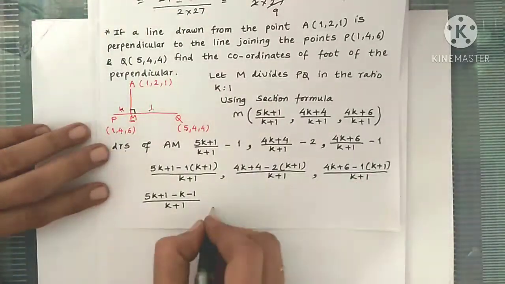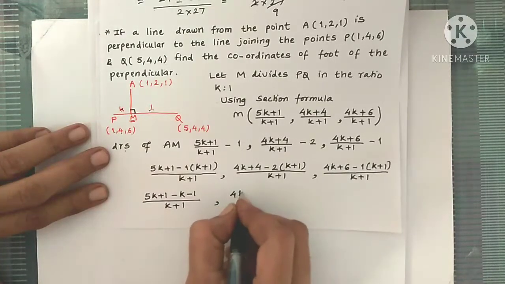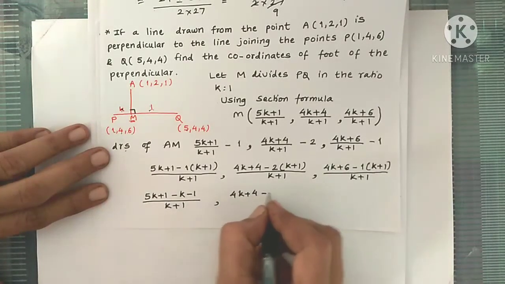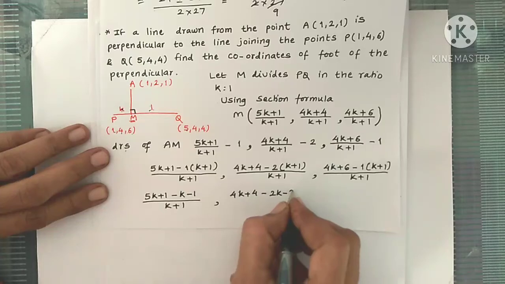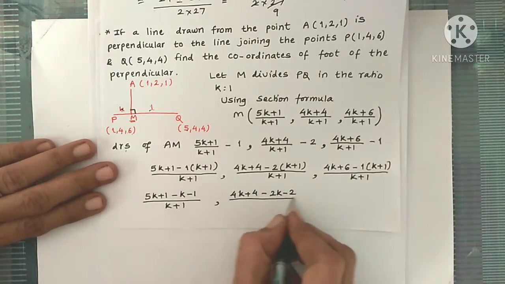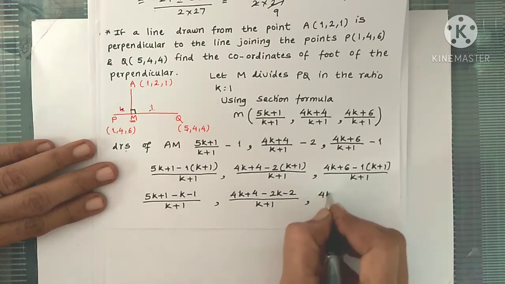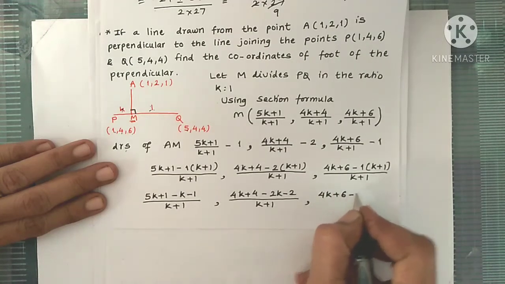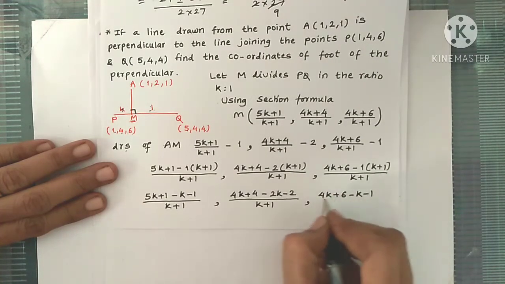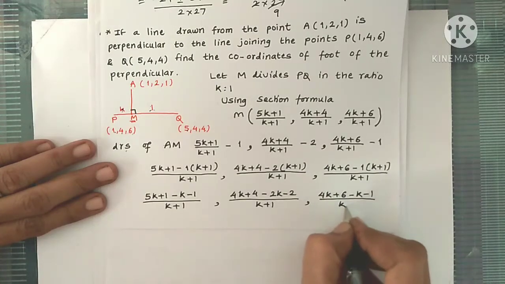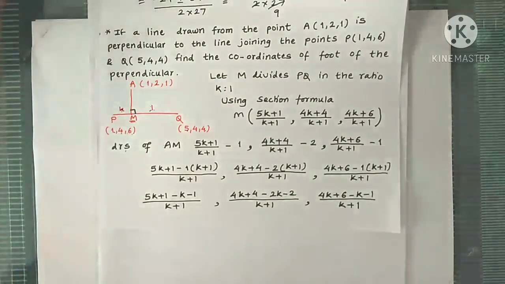Next one is 4k plus 4 minus 2k minus 2 upon k plus 1. 4k plus 6 minus k minus 1 upon k plus 1.